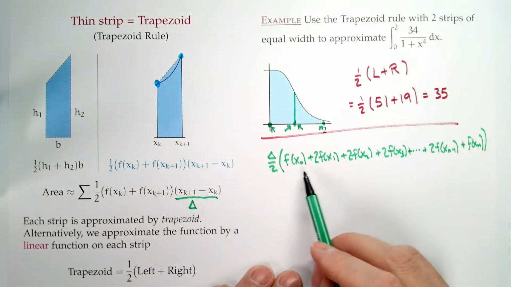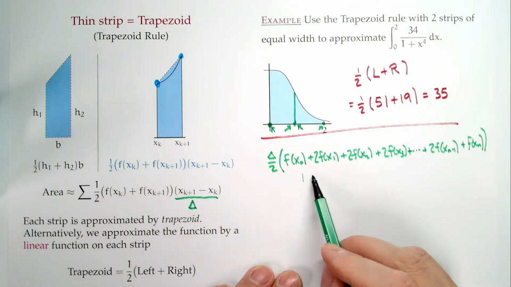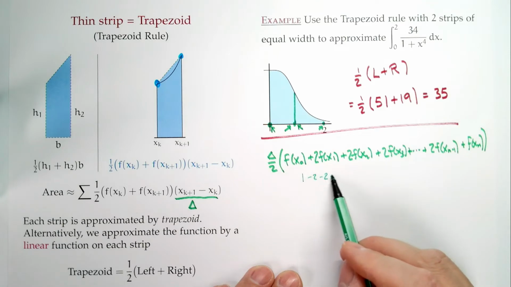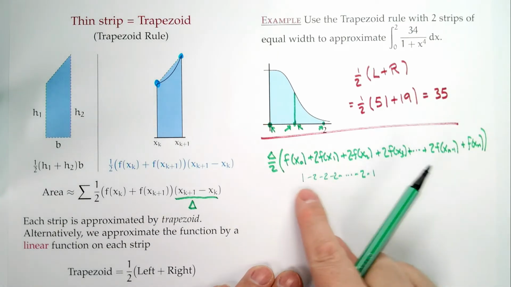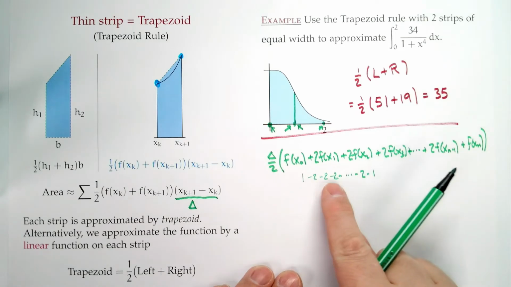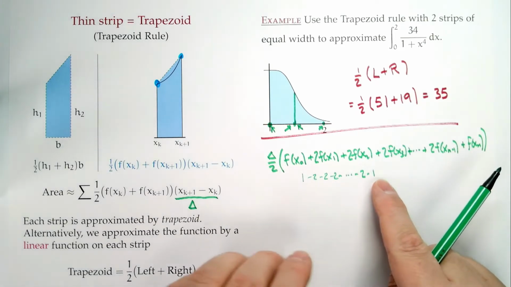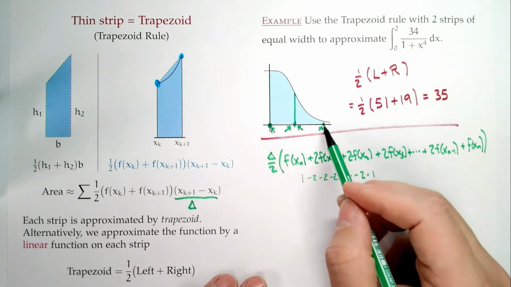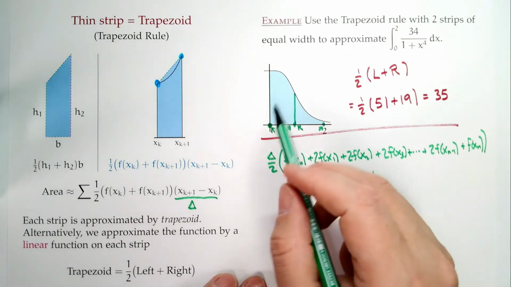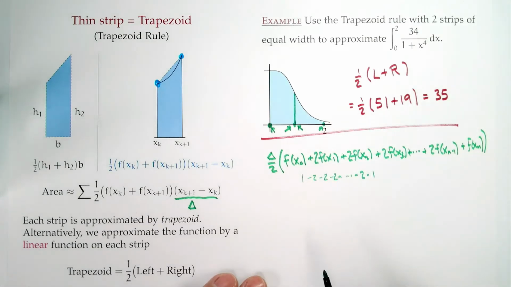And now if you read off the coefficients here, you'll see it's 1, 2, 2, 2, 2, 1. So these aren't minuses, these are dashes. So 1, 2, 2, 2, 2, 2, 2, 1. Which means that in essence you're saying, look, the points on the end get weighed a little bit less than the points in the middle, which get weighed essentially equally.